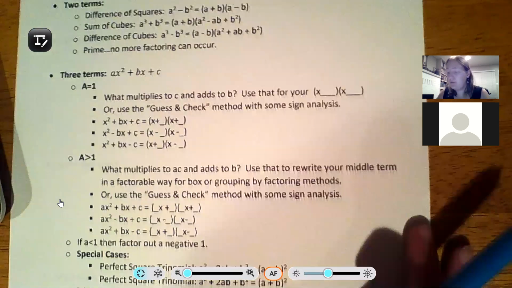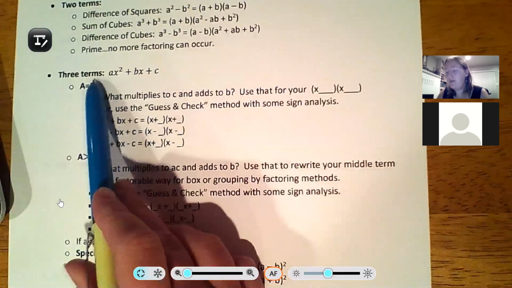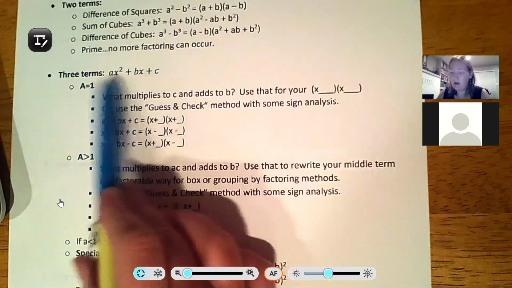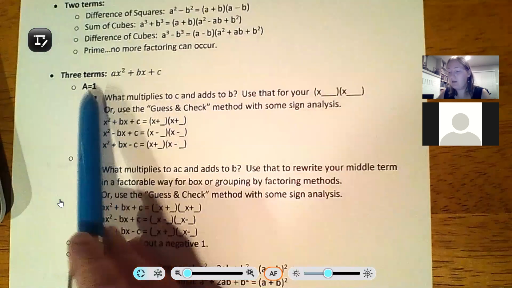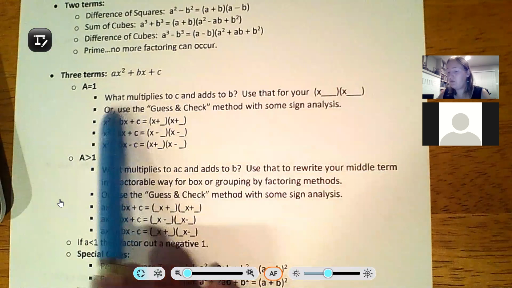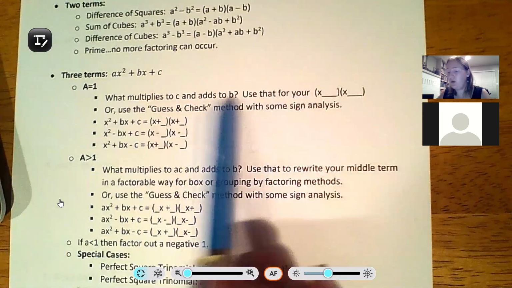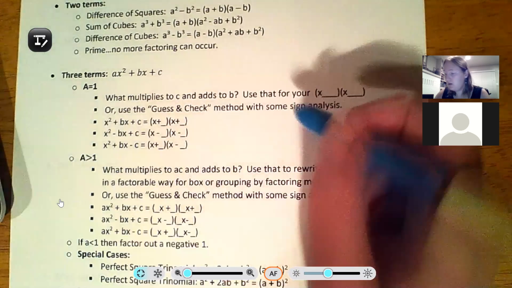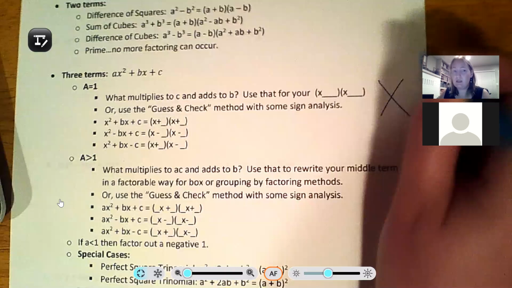For 3 terms, when it's the quadratic, meaning the highest exponent of 2, when the a is 1, then it's what multiplies to the c and adds to the b, and you can use that x thing, or you can use the guess and check.